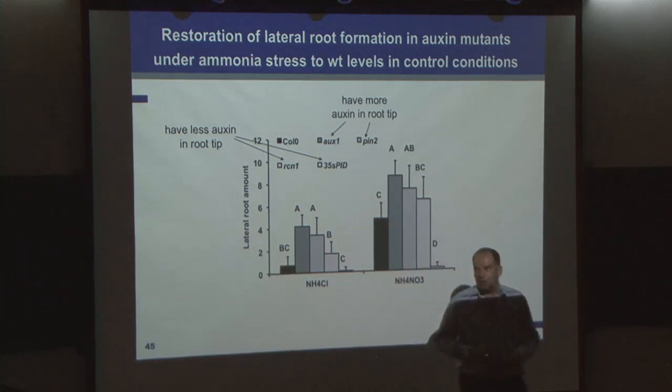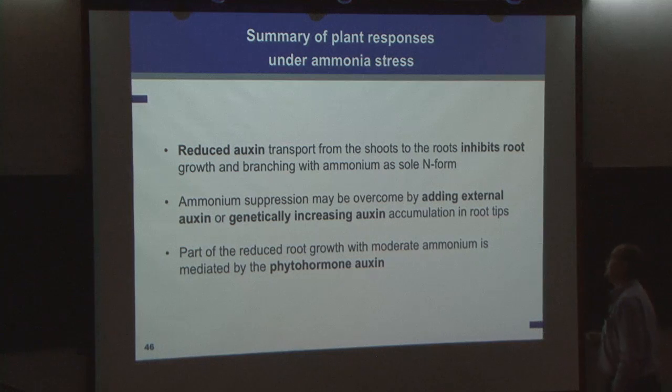Okay. So, from this, some responses under ammonium stress in these kinds of plate assays are that the reduced auxin transport from the shoots inhibits root growth and branching with ammonium as the sole nitrogen form under these conditions. In soil, it's different, and you can't really separate the ammonium from nitrate completely, typically.